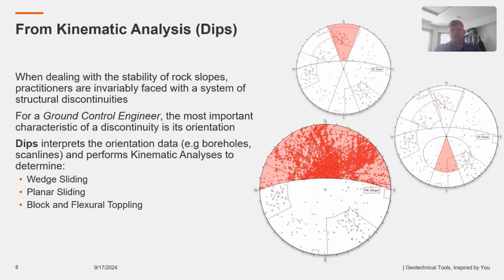If you're a ground control engineer or a geotechnical engineer or a civil engineer, obviously you have to look at the characteristics of these discontinuities, determine whether any of them can form blocks or planar failure or toppling type mechanisms that could cause failure of the slope, and obviously, you don't want any of these failures to impact local infrastructure as well. Next slide.